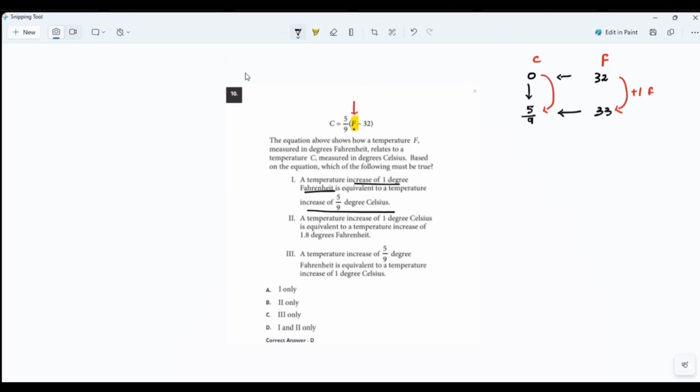An increase of 1 caused an increase of 5/9 degrees Celsius, right? So number 1 is correct. So 1 has to be there as part of your answer. Not this, not this. So it's between A and D.